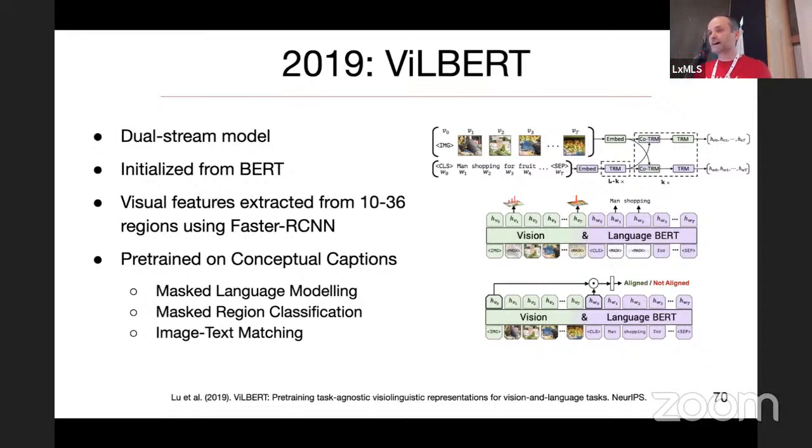There's also a masked region classification task happening over the visual data. And then there is an image text matching task, which is happening down here, given the representations of the CLS. Well, this is the CLS for the vision part, and then we have another special token in here for the language part, even though at the end they're jointly processed. And we want to determine if this is an aligned or not aligned pair.